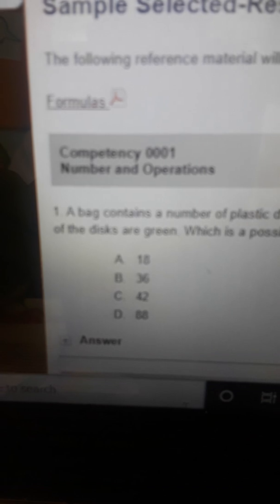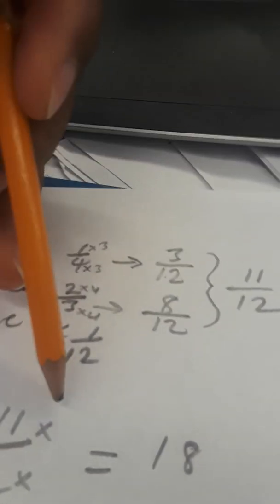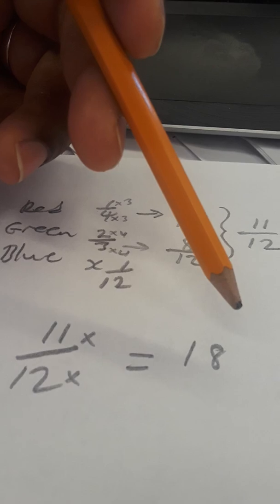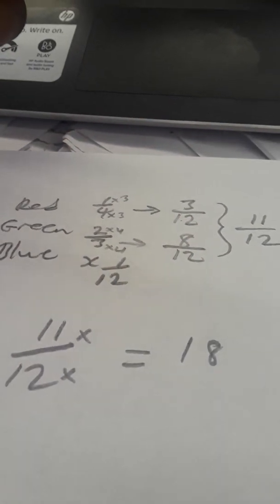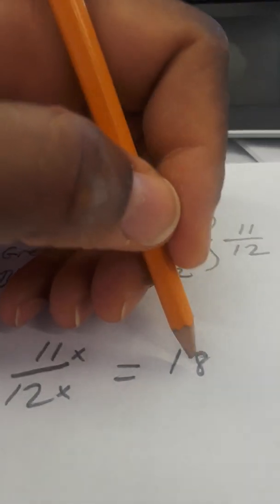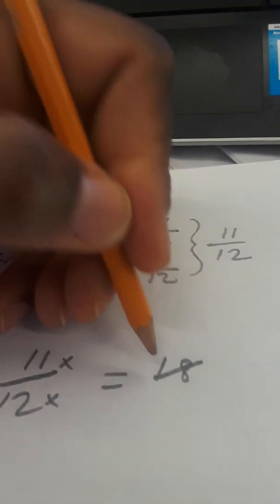Let's try A, which is 18. 11 times what will give you 18? Well, this is not possible. No number times 11 is going to give you 18. So we know this is not a possibility, this is incorrect. So let's try the next number, 36.